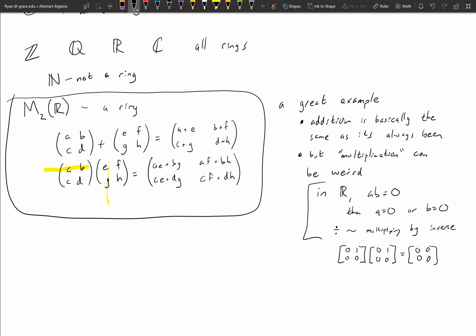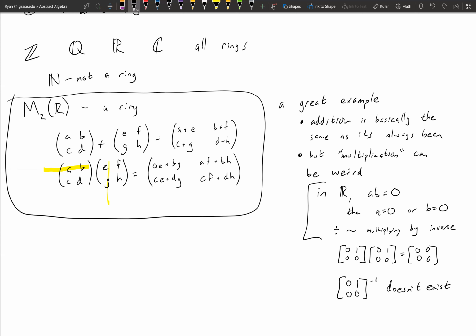And you can have things that don't have a multiplicative inverse. 0, 1, 0, 0 inverse doesn't exist. So you can have no concept of division with 2 by 2 matrices because not everything has a multiplicative inverse.